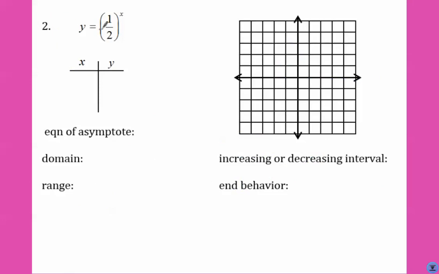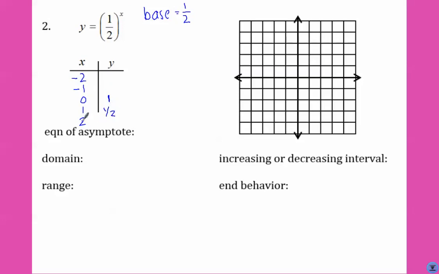In number 2, we have a base of 1/2. We're still going to use the same x values, -2, -1, 0, 1, and 2. Any base to the 0 power is going to equal 1. Any base to the first power is going to be the base.